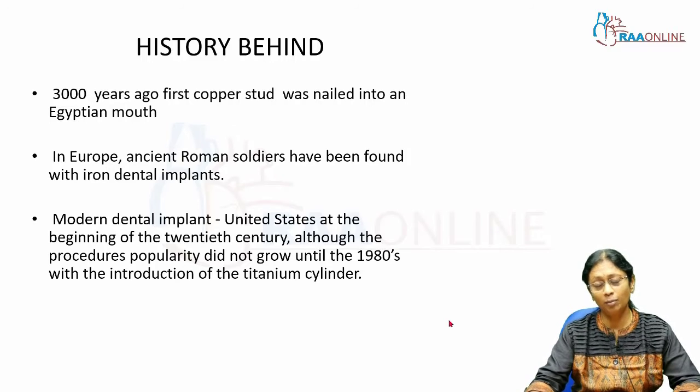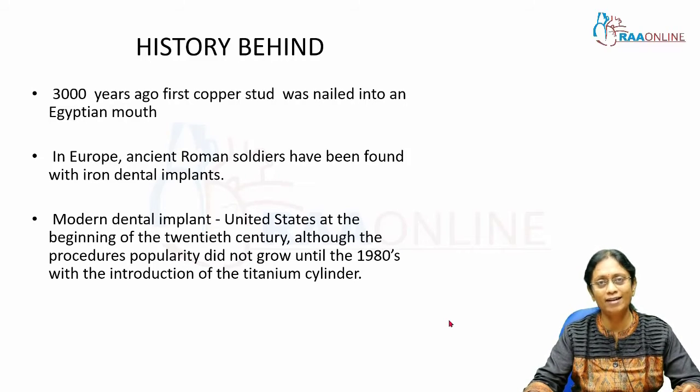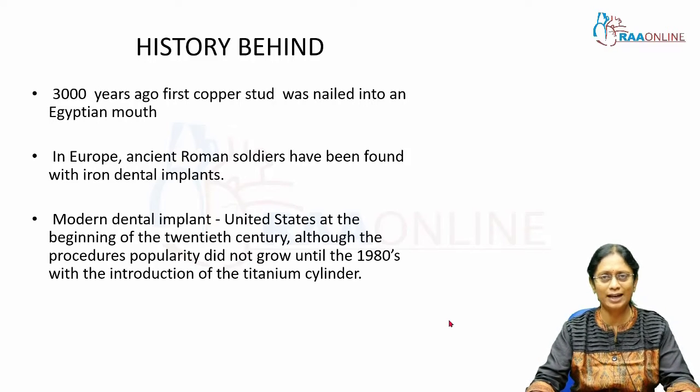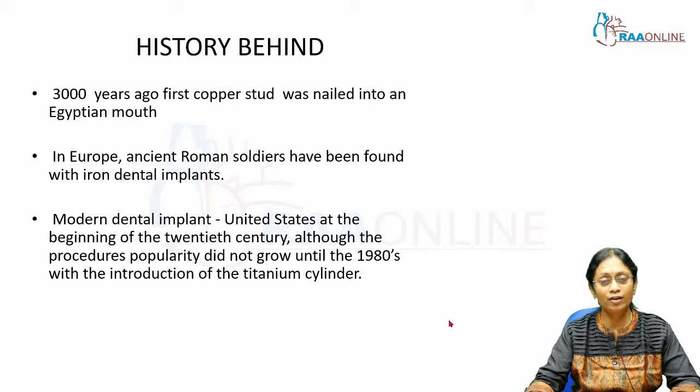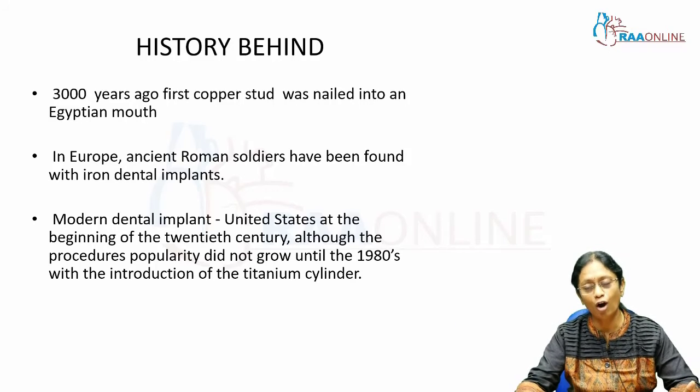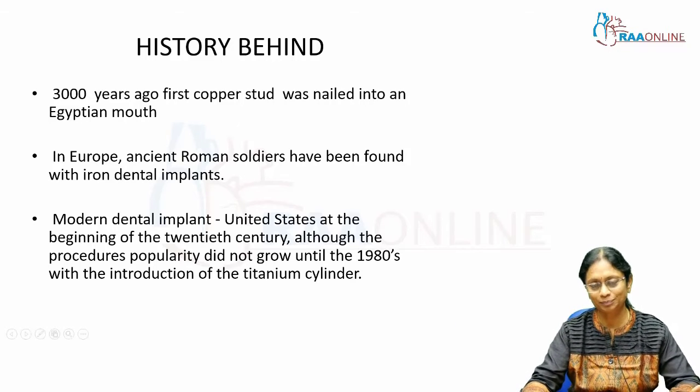And in Europe, the Roman soldiers had iron dental implants. There's a small story that says earlier on, they were taking the original teeth from normal people, from the slaves, and then using those teeth to build prostheses for the high class people.